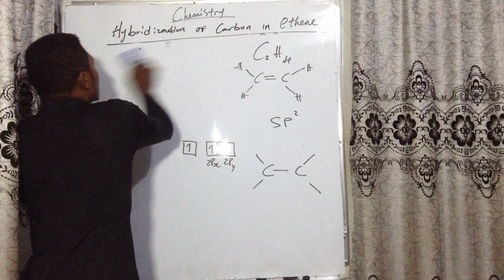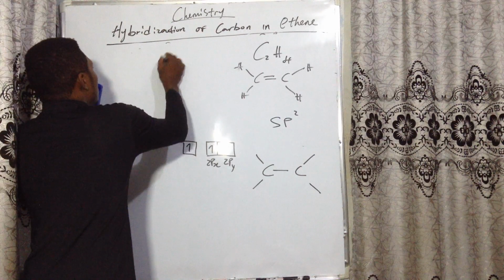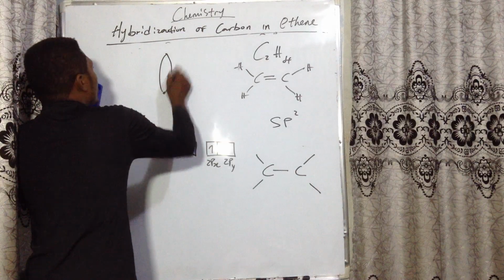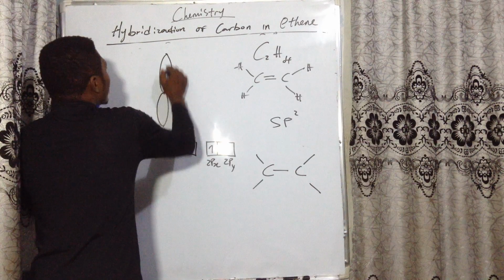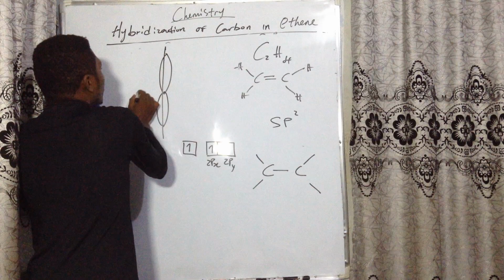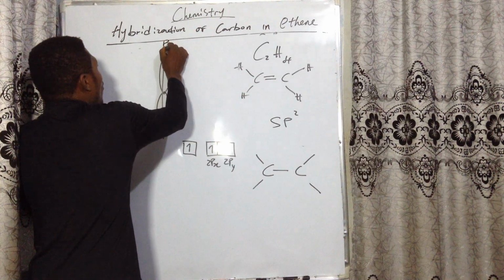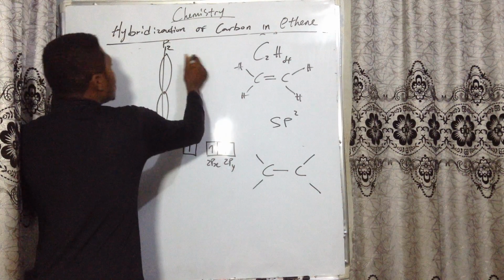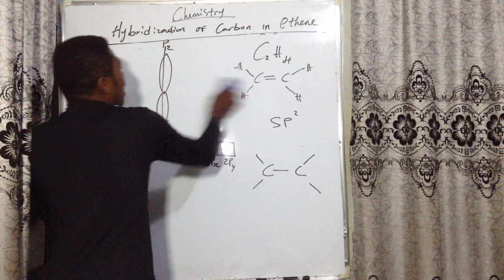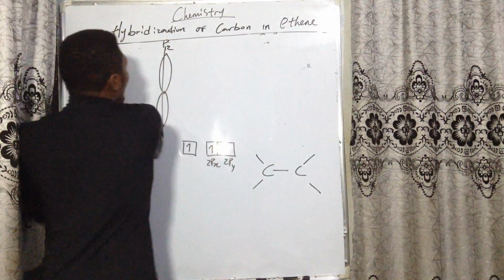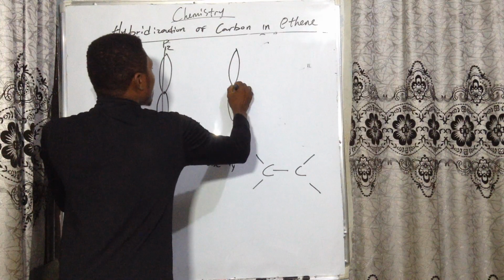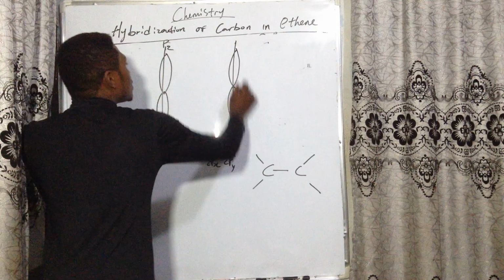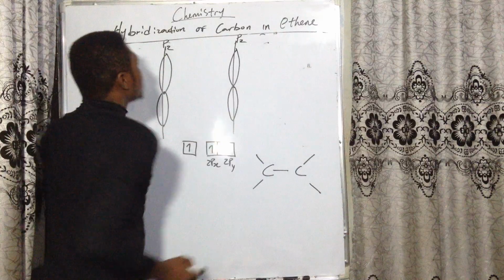Now, this is the pz orbital of one carbon. This is another pz orbital of another carbon. Okay, this is the pz axis.